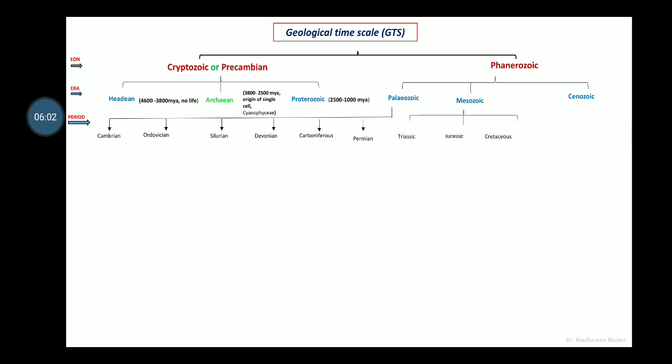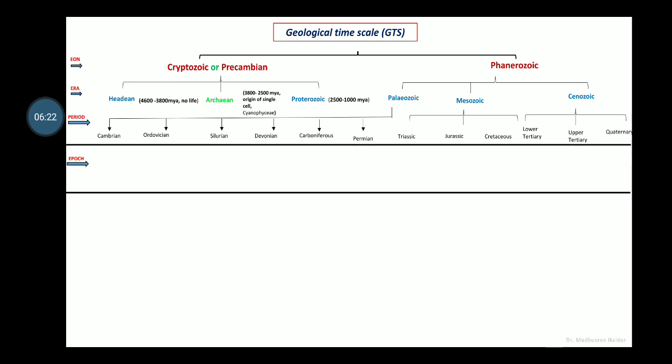And in Mesozoic era, there are 3 periods: Triassic, Jurassic, Cretaceous. Similarly, in Cenozoic era, there are also 3 periods: Lower Tertiary, Upper Tertiary, and Quaternary. And each period consists of some epochs.